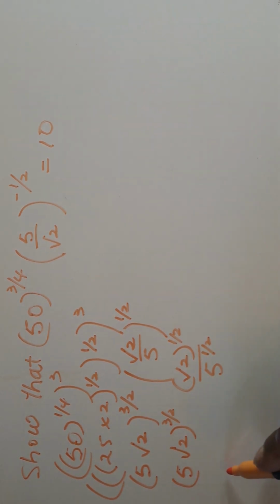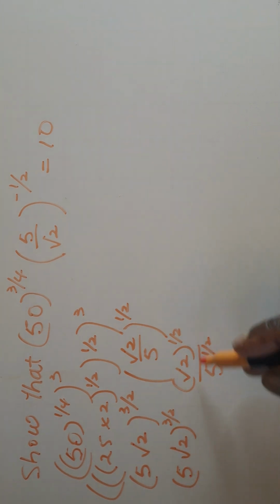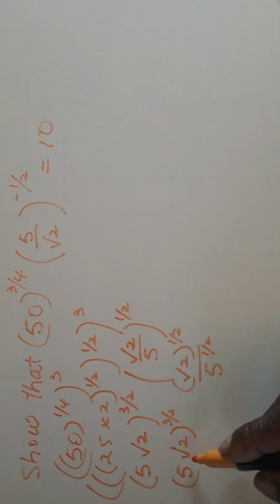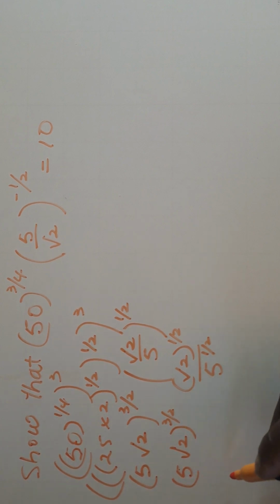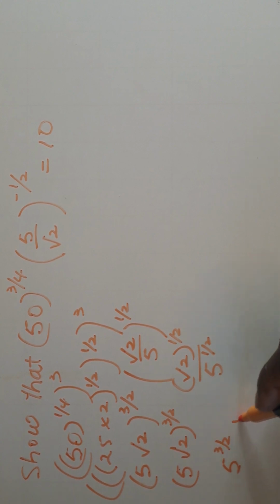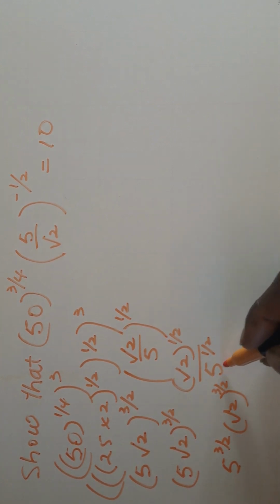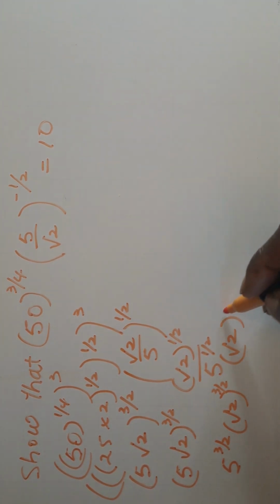Now if we multiply here, if we break this down, this will be 5 raised to the power of 3 over 2. So we have 5 raised to the power of 3 over 2 times root 2 raised to the power of 3 over 2. And then here we have root 2 to the half.